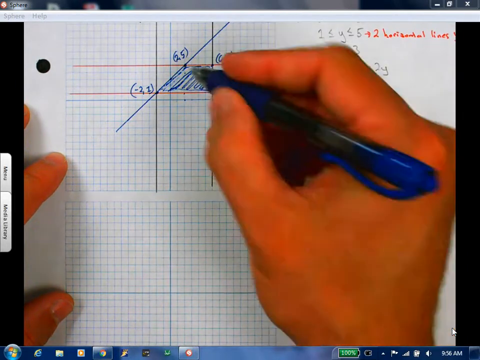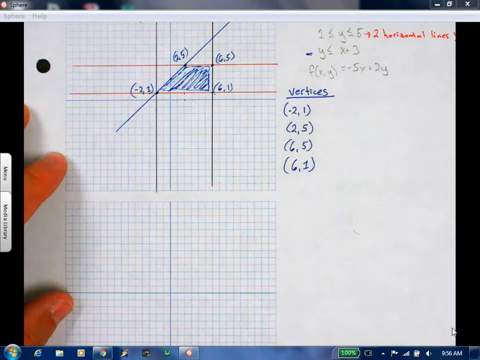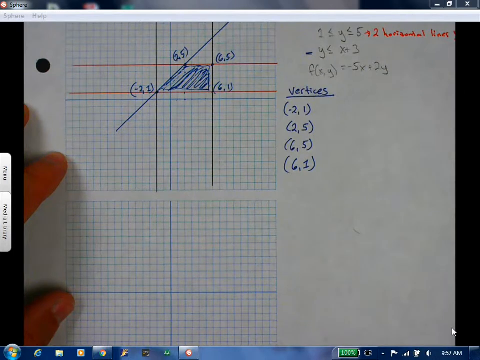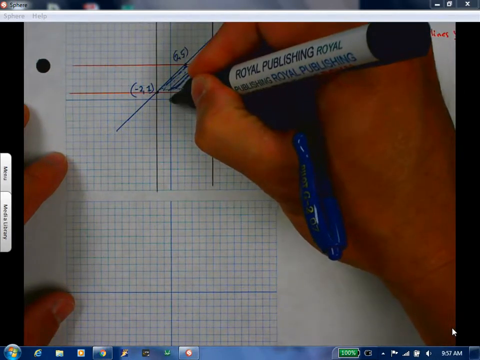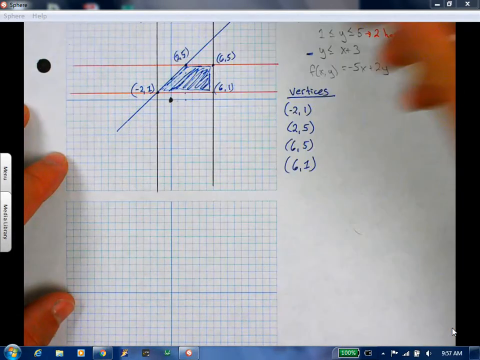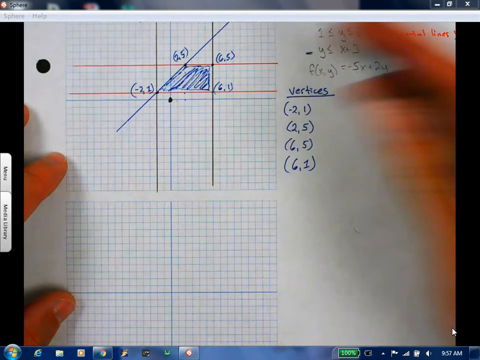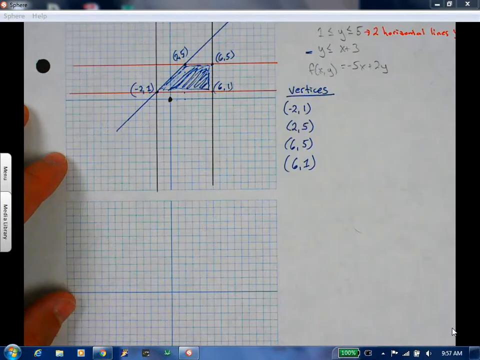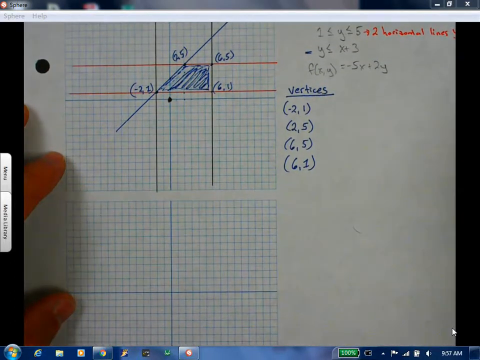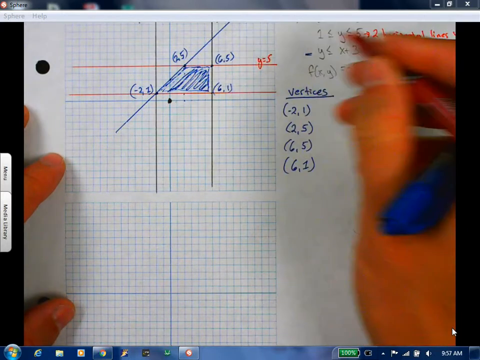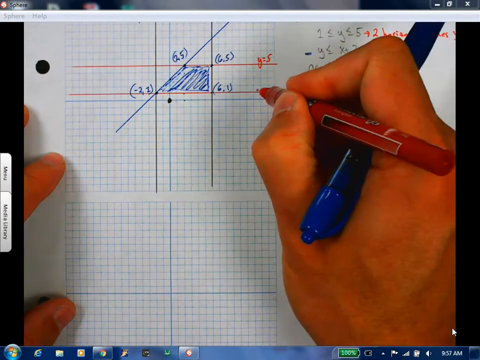Don't start from the red line, or don't start from your graphed lines. Always start from the origin, which would be right there. 1, 2, 1, 2, 3, 4, 5. Also, you know that top red line is y equals 5. So if it's on the top red line, it has to be 5. If it's on the bottom red line, it has to be 1.